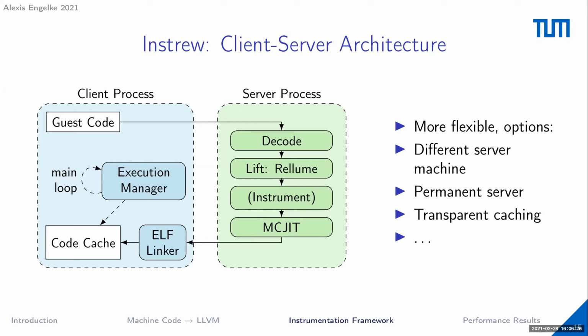For example, the server can also run on a different machine, or can be run permanently, or we can add a new layer in between, a caching layer which intercepts requests and reuses results from previous runs to avoid heavy translation. And MCJIT generates ELF files, so the client is essentially a very simple ELF linker.